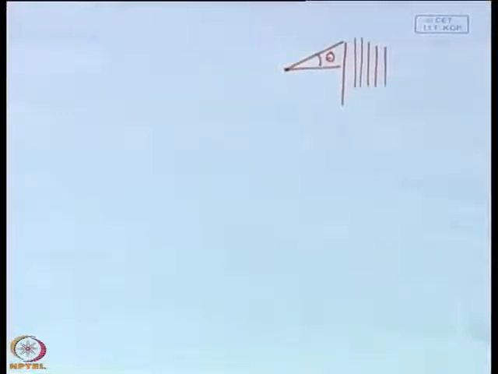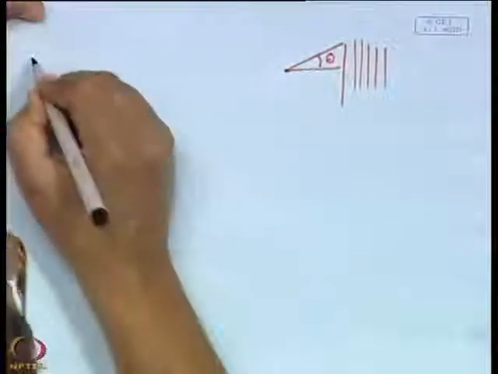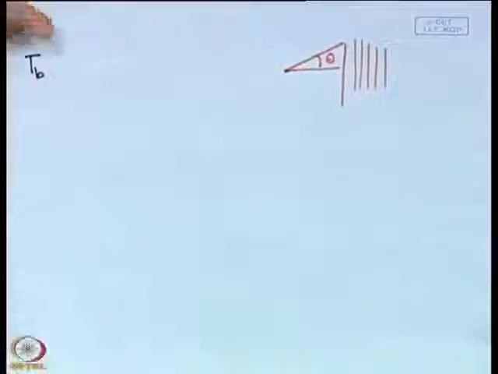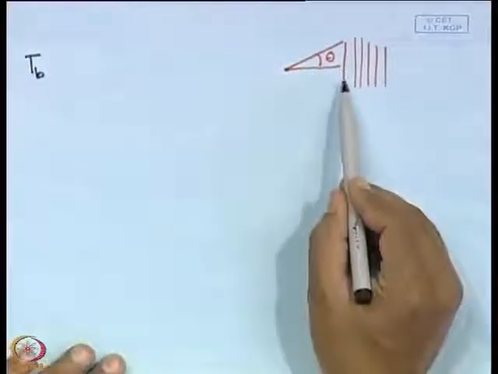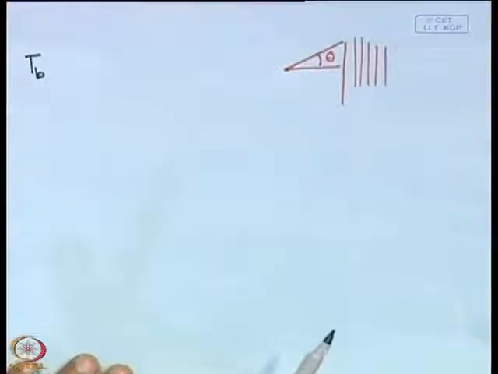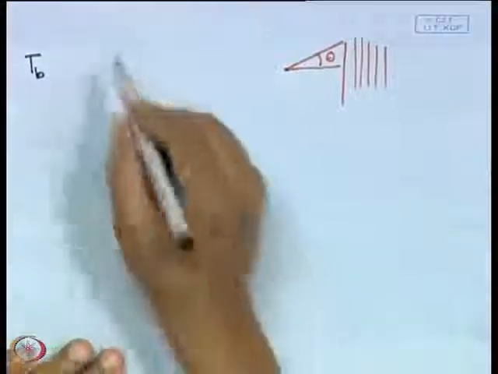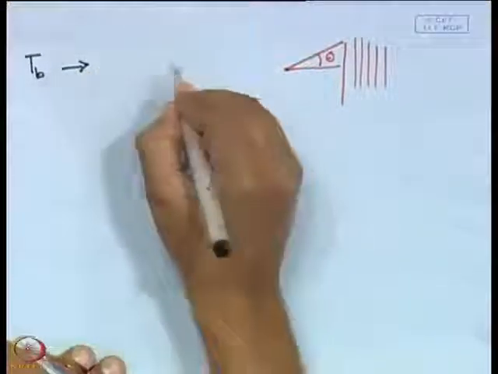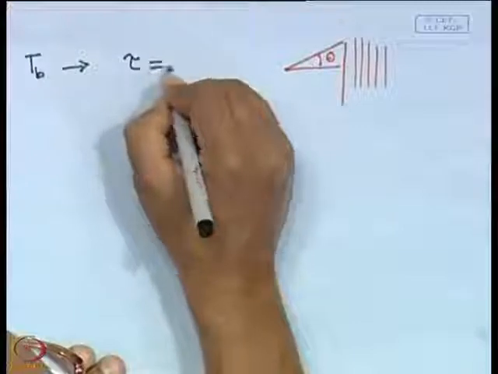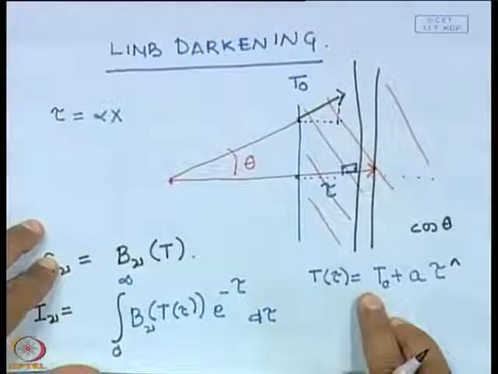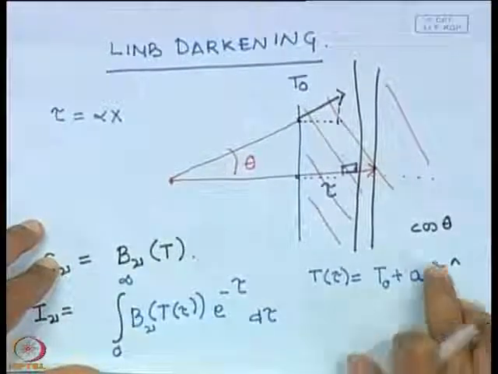So what do we see? The first thing that we see is that the brightness temperature that will be observed is actually the temperature where the optical depth becomes equal to unity. Okay. So the brightness temperature corresponds to the temperature at the place where the optical depth becomes unity. So the temperature inside is T0 plus A tau cos theta.